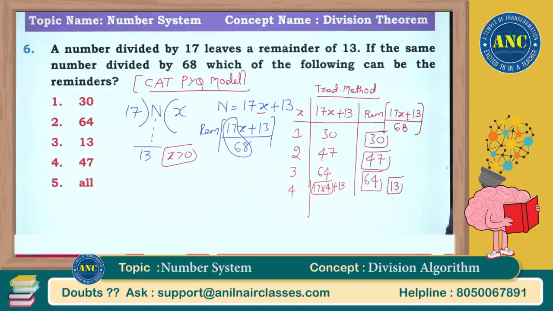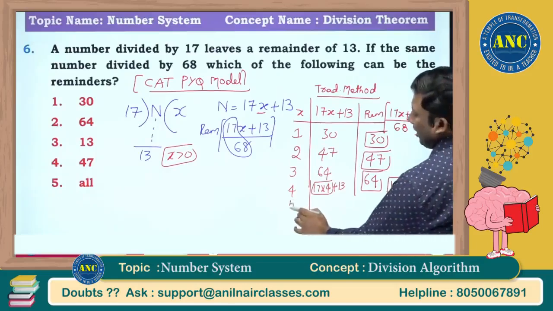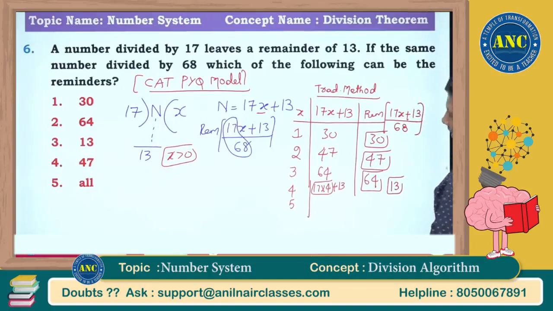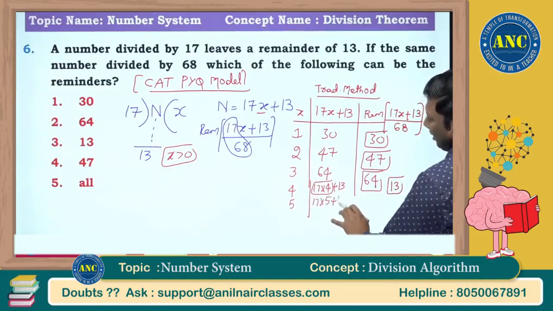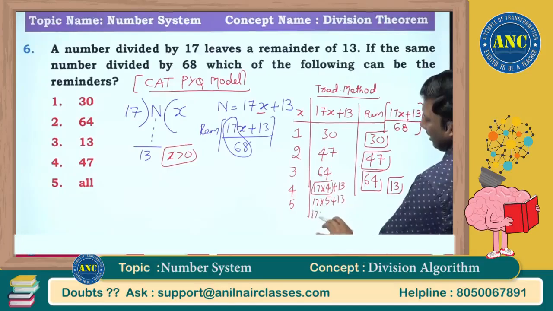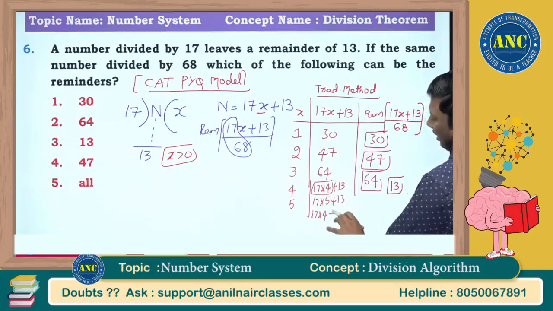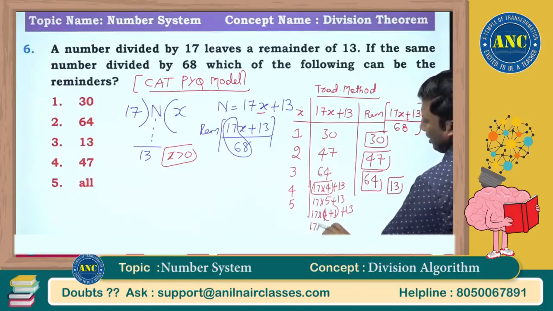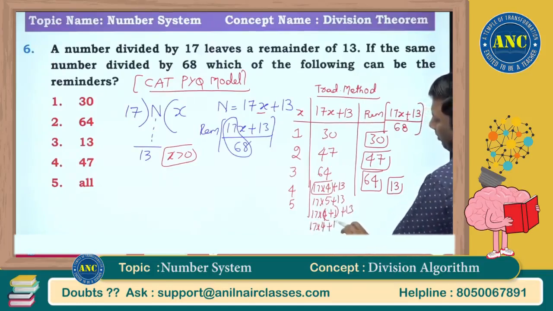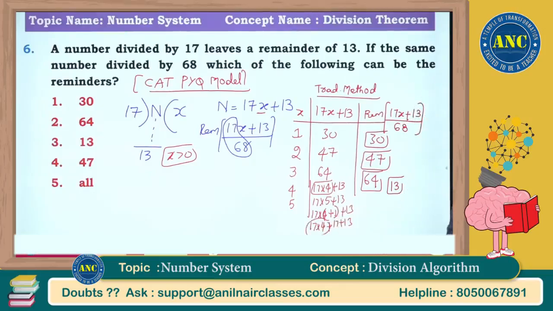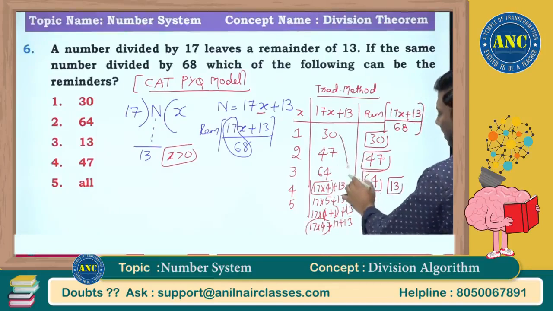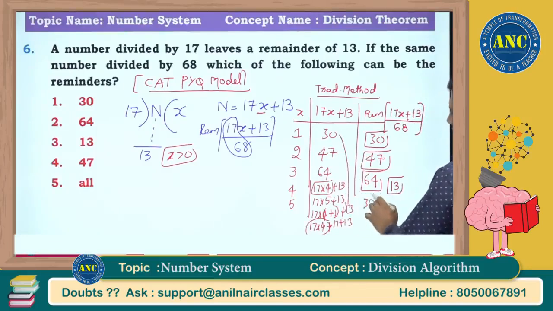If it is 5, this is 17 into 5 plus 13, which can be written as 17 into 4 plus 1 plus 13, that is 17 into 4 plus 17 plus 13. 17 fours are 68, and 17 plus 13 is 30.